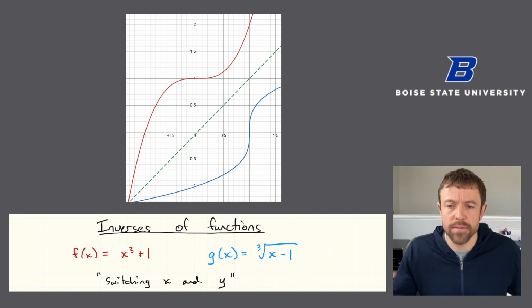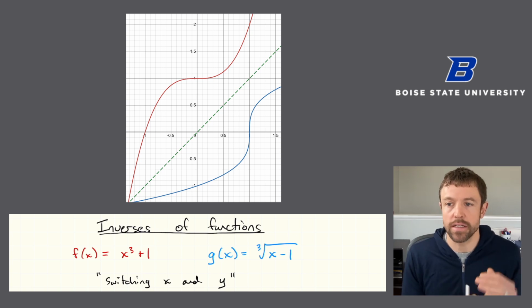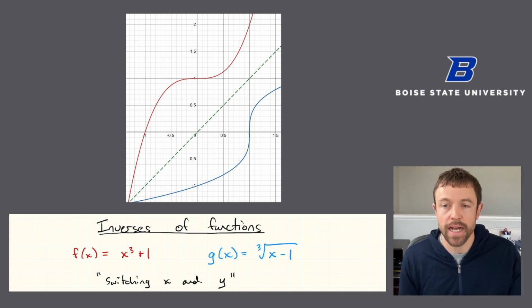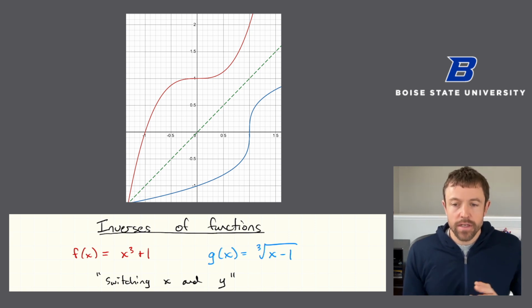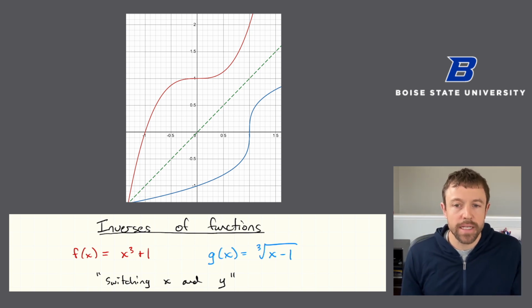And that actually lines up with the graphical intuition. That is, when you reflect the entire coordinate system across this green dotted line, y equals x, you switch the x and y axes.